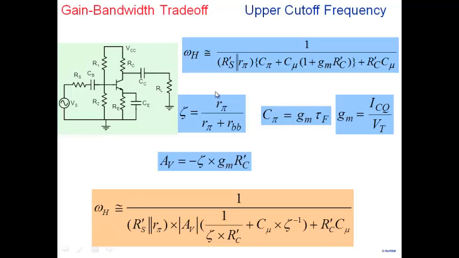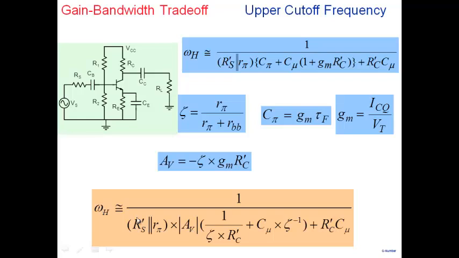If you change the gain by changing ICQ, by changing beta, if you try to increase the gain by increasing GM, which will require an increase in ICQ, then an increase in GM also results in increase in C pi. And therefore, an increase in gain results in fall in omega h here. Okay, so that's the trade-off that this particular expression is describing.